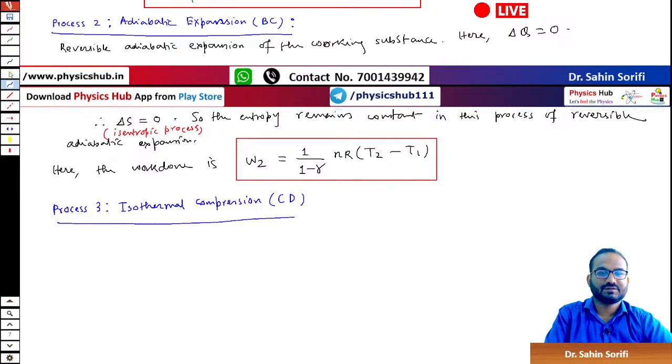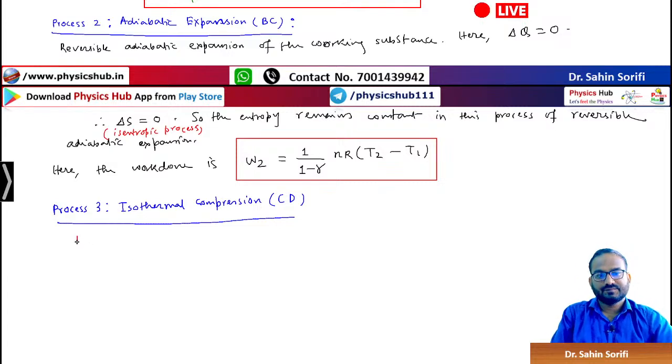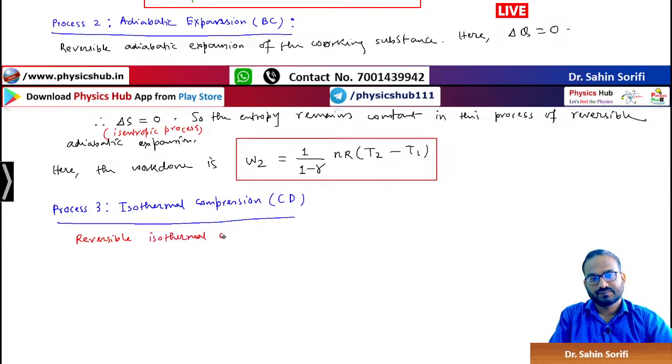What is happening in isothermal compression? This is your reversible isothermal compression. So delta U will be 0 here.